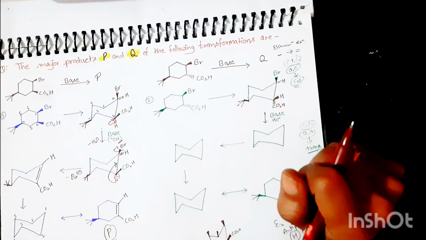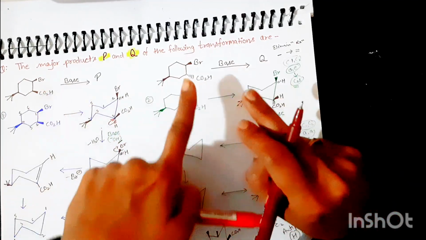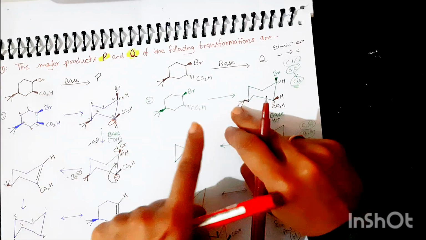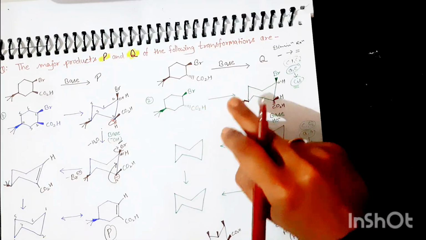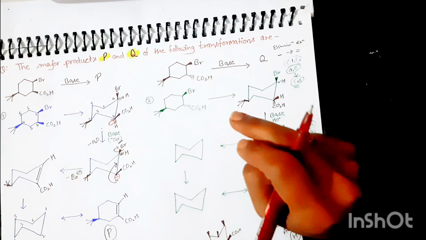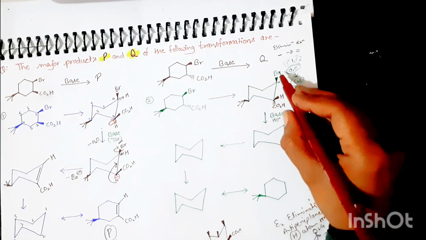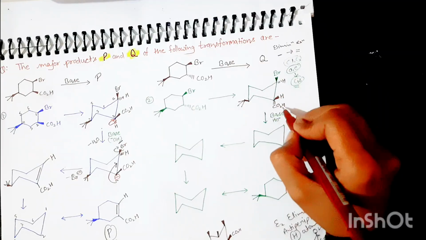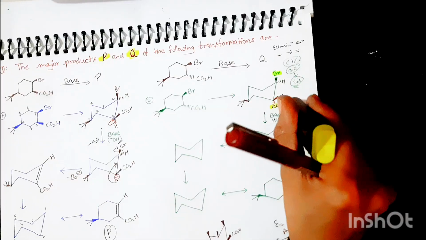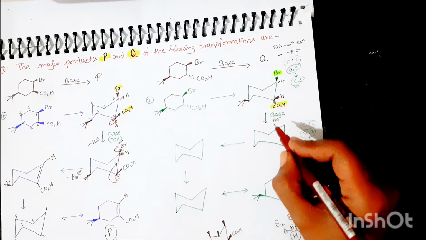So we saw that the only difference between reaction 1 and reaction 2 is cis and trans. In reaction 1, bromine and carboxylic acid are at the 1,2 positions as the cis isomer, and in reaction number 2 they are trans to each other. So if we show trans in chair form, we first draw bromine and carboxylic acid trans to each other. Here cis. So we solve this reaction.